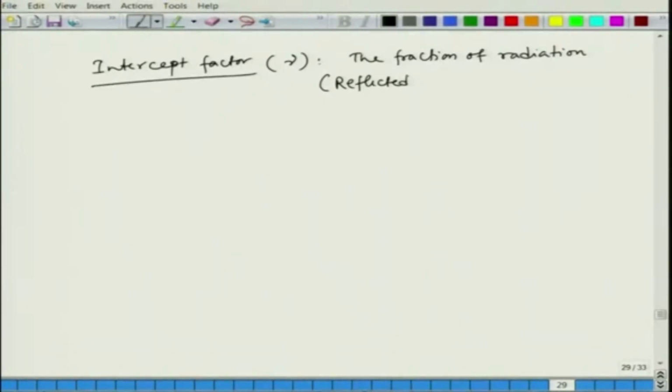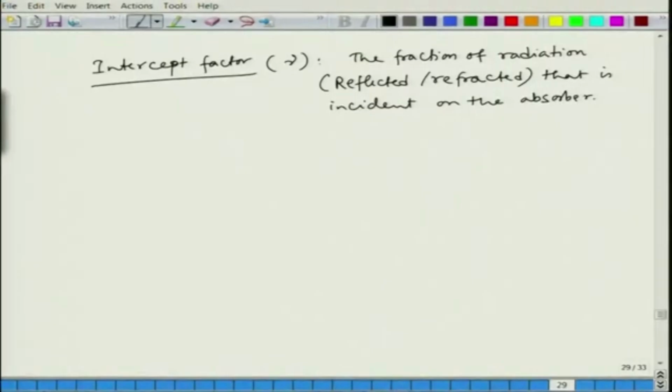Major are refraction or reflection. So, whether it is reflected radiation or refracted radiation, okay, that is incident on the absorber.